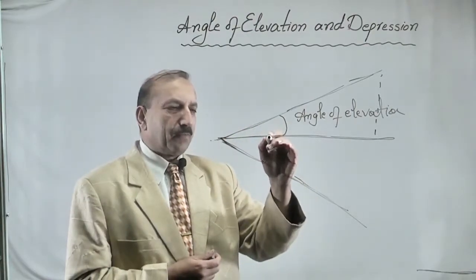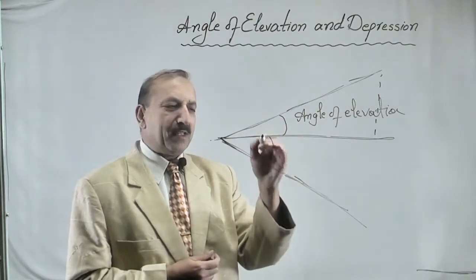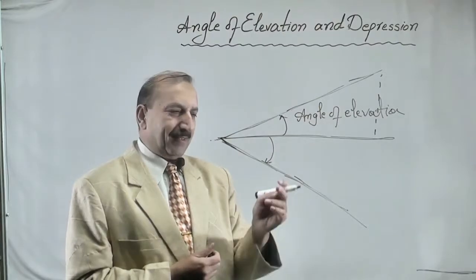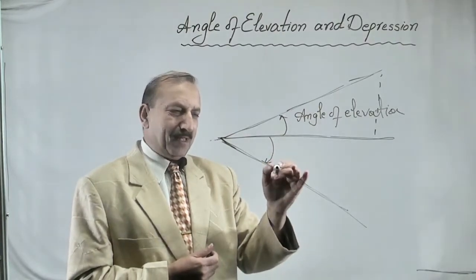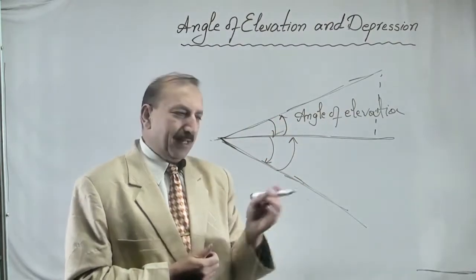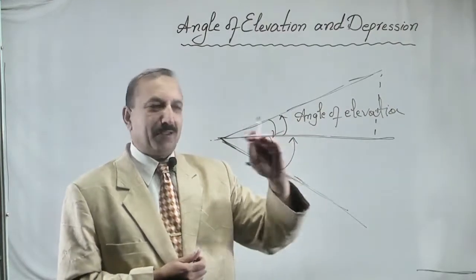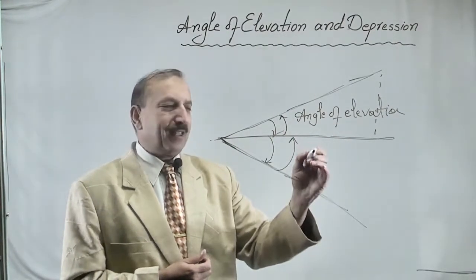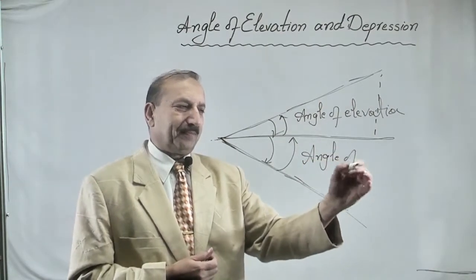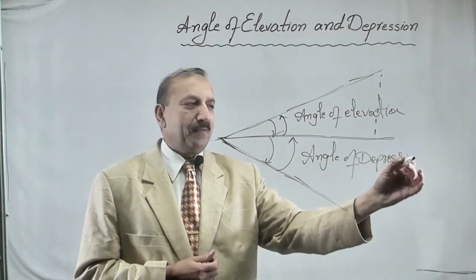It means this line of sight, which is below the horizontal line, is making an angle here with this horizontal. This line of sight, which is below the horizontal line, is making an angle with the horizontal line. This angle is called the angle of depression. This is the angle of depression, my dear students.